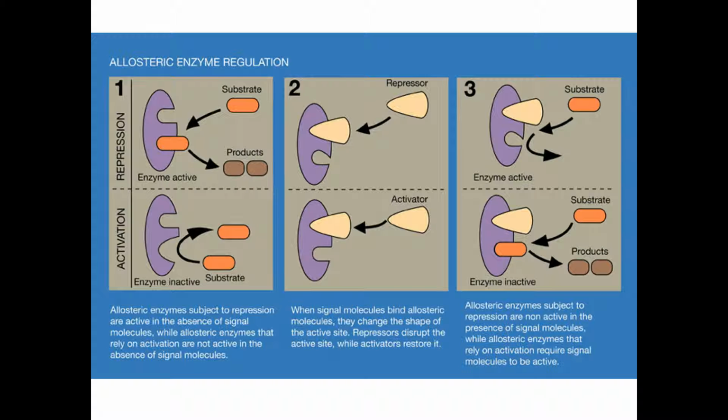If you have an enzyme that's produced by the cell but is inactive, it can't bind to its substrate. The active site isn't in the right shape or configuration, so these won't fit. Then some other molecule, an activator, binds to the enzyme and allows the active site to assume its proper configuration. Now it can bind to the substrate and the enzyme is activated.